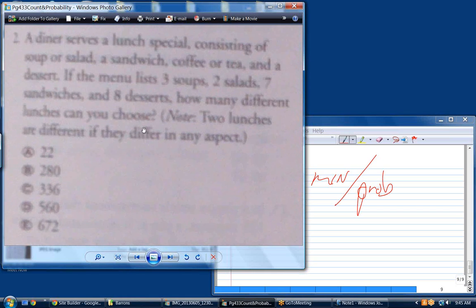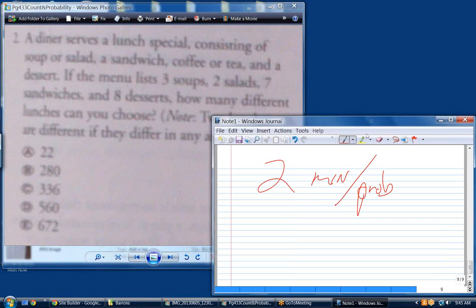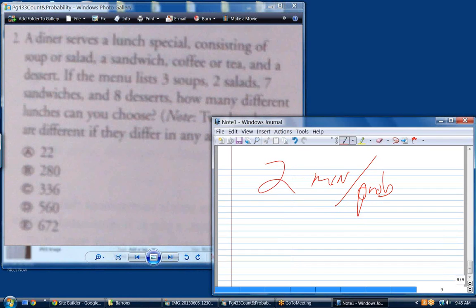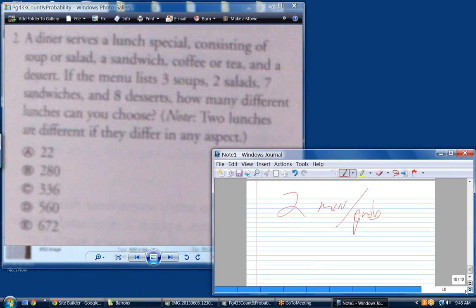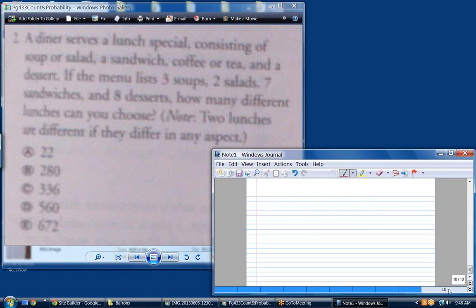Now, this one may require a little more time.